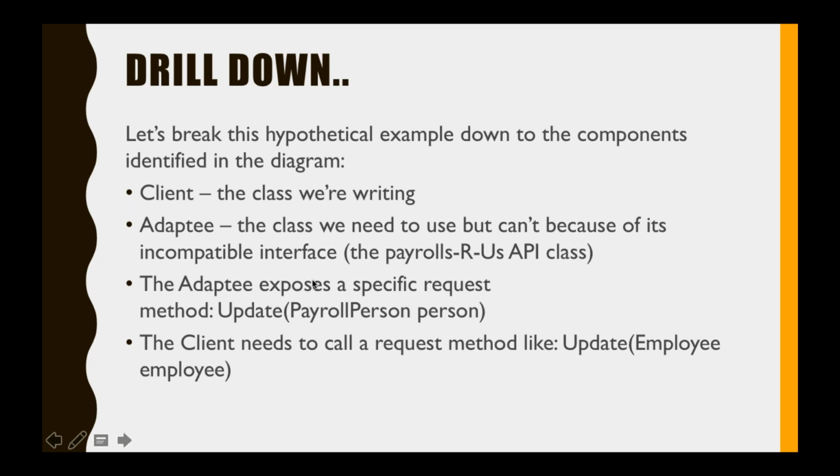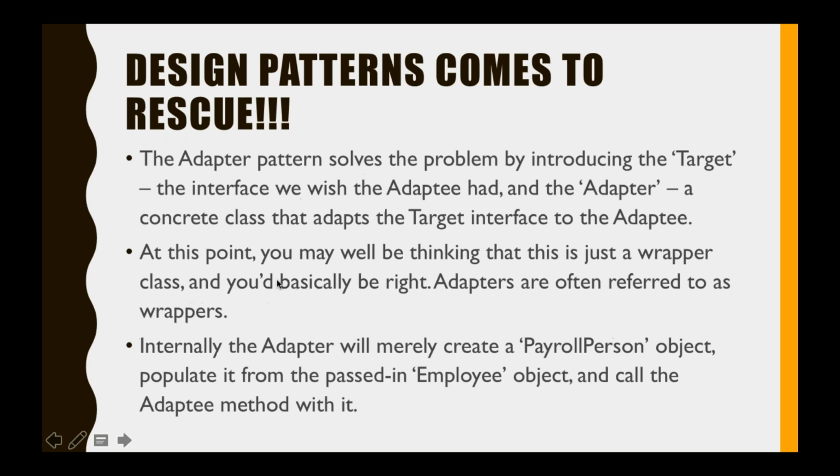So this is what we generally deal with. Here, one of the very important design patterns, also called the adapter design pattern, comes into the picture, which is going to help save us. Basically, we introduce a new target interface, and the adapter is going to convert the employee object into the payroll object.